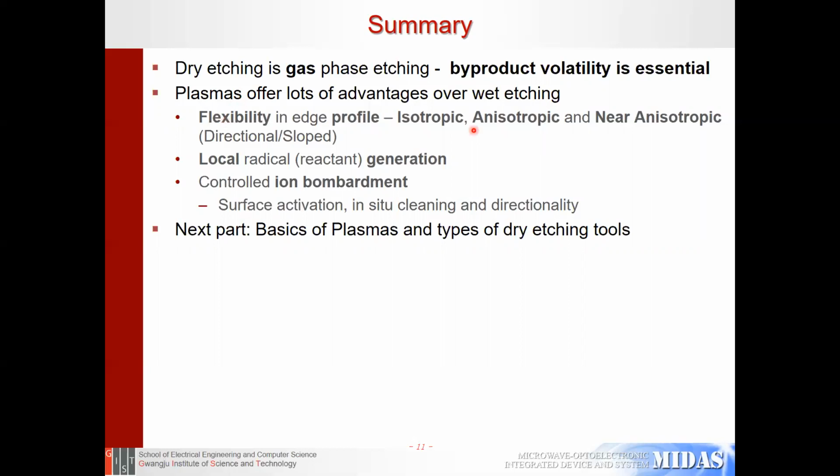We have isotropic, anisotropic, and near isotropic or directional profiles, and we can control them. We can generate local reactants and radicals, and similarly we can control the ion bombardment, which is used to activate the surface in addition to cleaning and to the ion directionality.